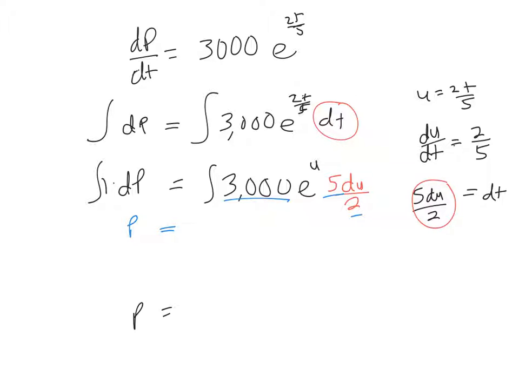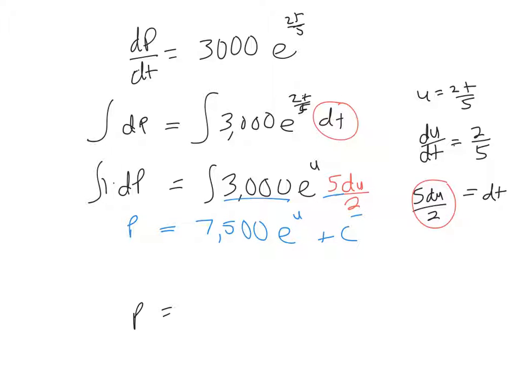So 3,000 divided by 2 is 1,500, times 5, I'm getting 7,500 for that constant, e to the u plus c. So 7,500 e to the u plus c.